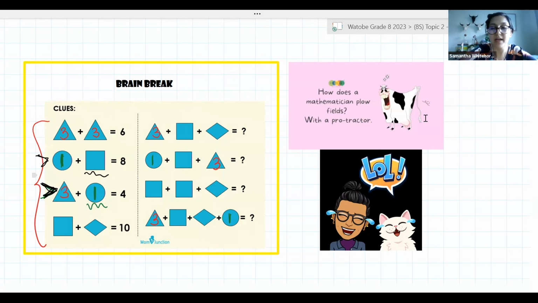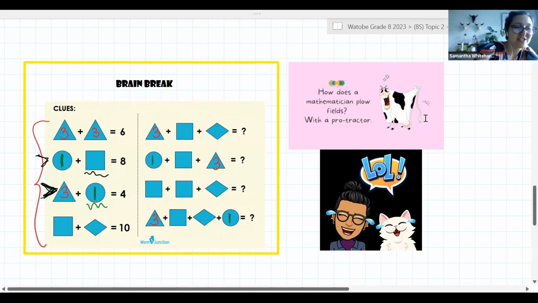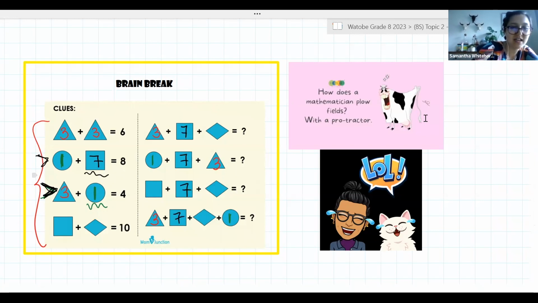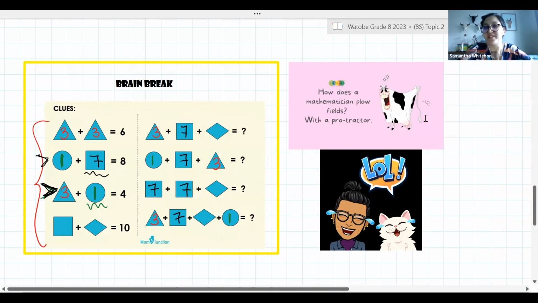So 1 plus what gives me 8? The friends are giving you an answer in the chat, Melisha. Look at the chat. 7. Excellent. 7. Well done. So the square, guys, is 7. So we have lots of squares on the other side.